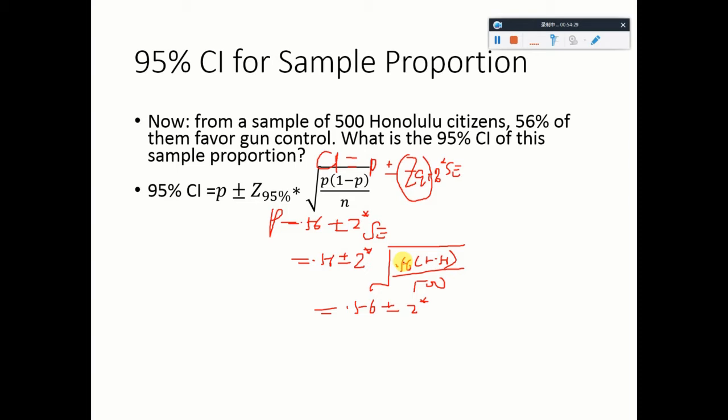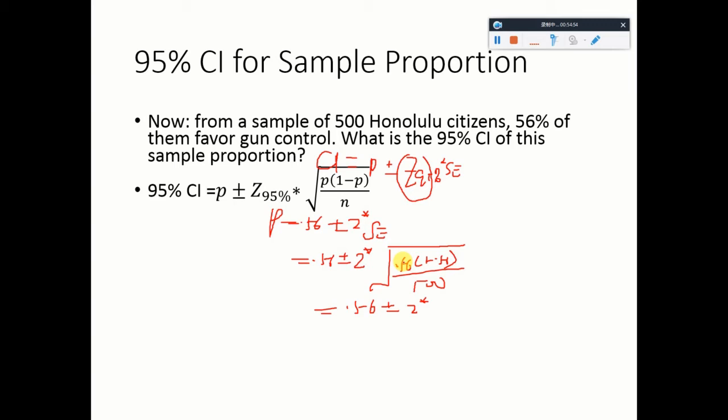So it will be 0.56 times 1 minus 0.56. It will be 0.44, I believe. Okay. That will be 0.2464 divided by 500, which is a very small value, but don't forget to take the square root of it.